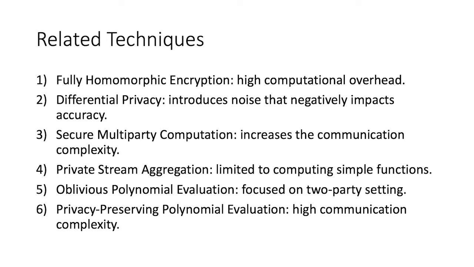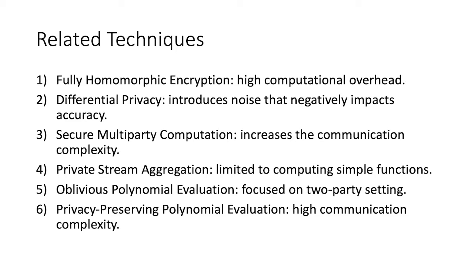Before we discuss in more detail our framework and our protocol, you might think there are other techniques available that could also be used to solve private stream polynomial aggregation, and that would be true. However, a lot of these techniques are ill-suited to efficiently provide a solution to private stream polynomial evaluation. For instance, although you could use fully homomorphic encryption, this technique has very high computational overhead, which makes it impractical.